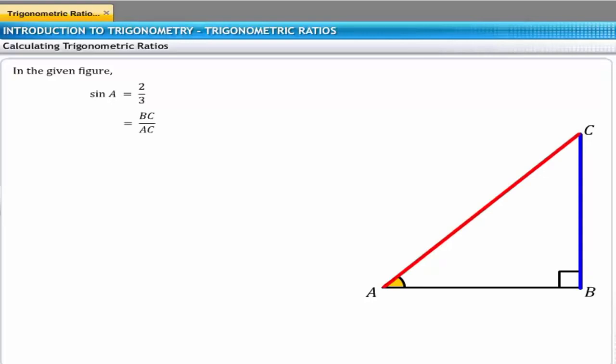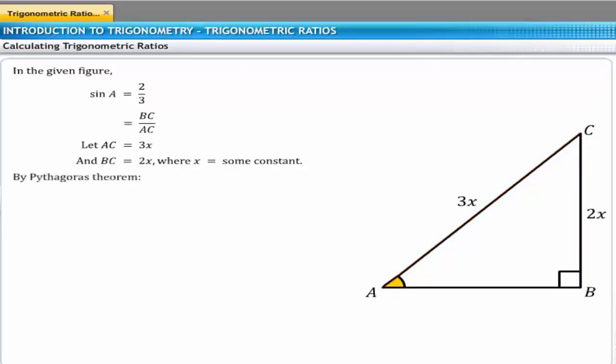Thus, we can say that AC is equal to 3x and BC is equal to 2x, where x is some constant. Again, using Pythagoras theorem, we can find the length AB. Putting in the values and solving, we find AB is equal to root 5x.